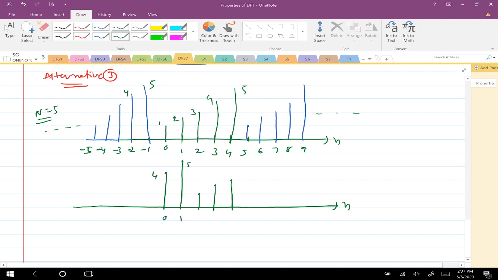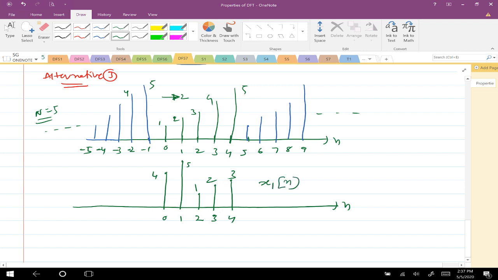This is 0 1 2 3 4. You are shifting the whole thing in this direction by 2. So that's another way you could interpret that, and this would give you your x1 of n.